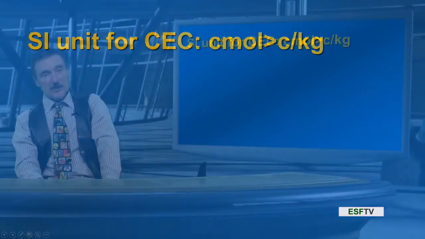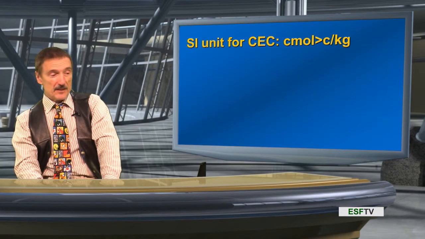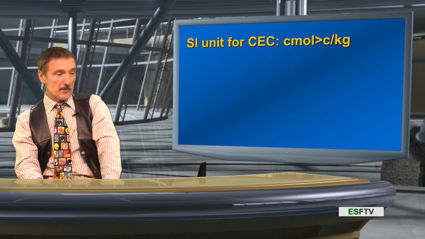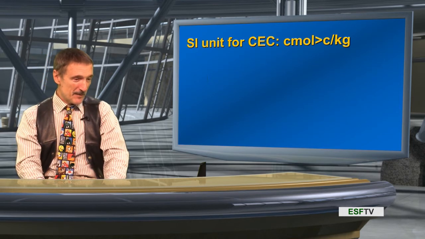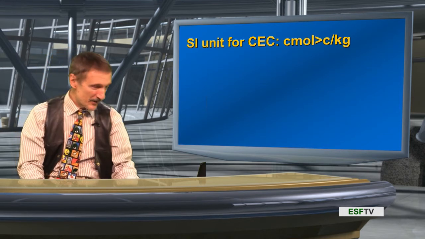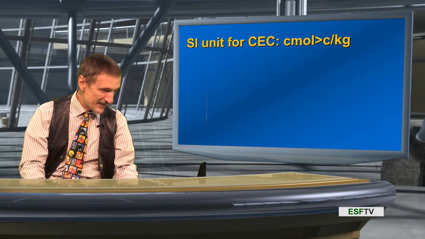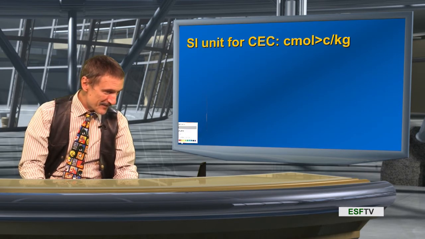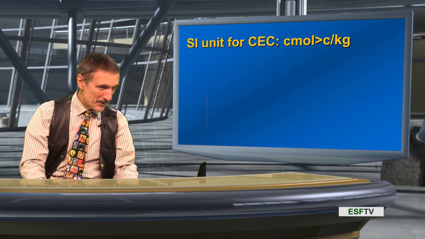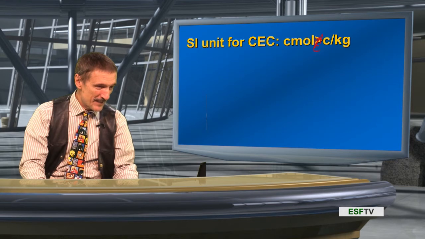That brings us to the SI unit, System International, for CEC: centimoles of charge per kilogram. I get to play with my annotator. Let's see if I can do this, my pen. Centimoles of charge, right here. I must have miscopied that.